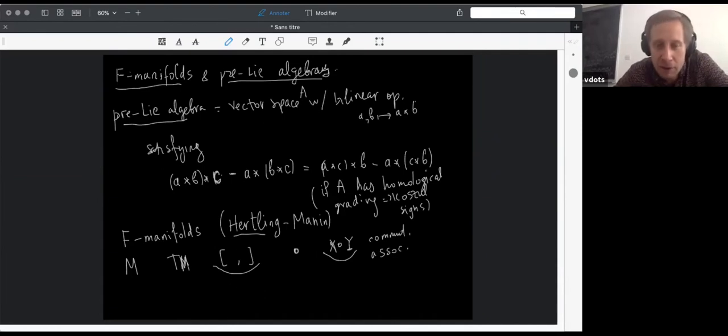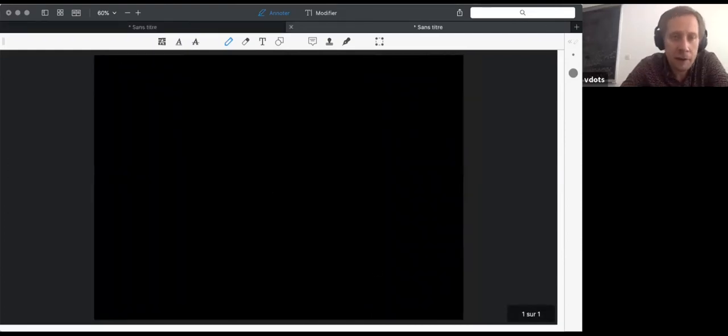This is Lie, this is commutative associative, plus compatibility. Let me tell you on the next blackboard what that compatibility is, and tell you in two different ways so that you can see a little bit better what this means. The compatibility.